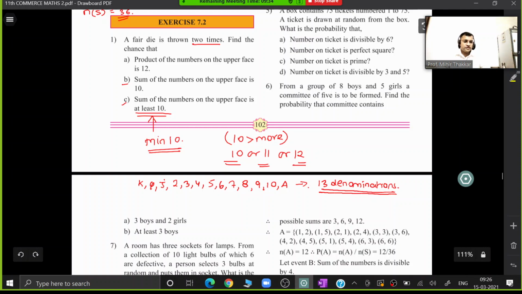Out of these 13 denominations, we have to select one, and then out of the 4 suits, any 2 suits can be selected, because each suit has one card of that denomination. Matlab, the spade will have a 2, the heart will have a 2, the diamond will have a 2, as well as the club will also have a 2.